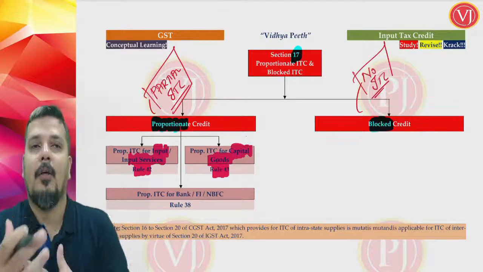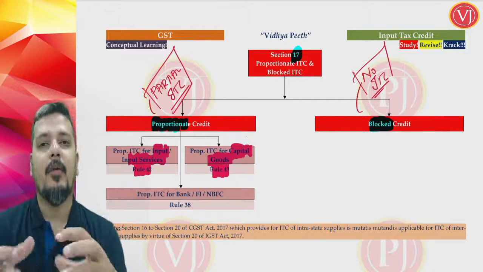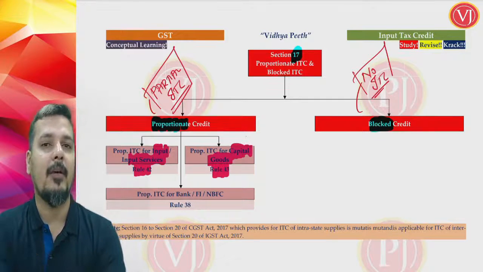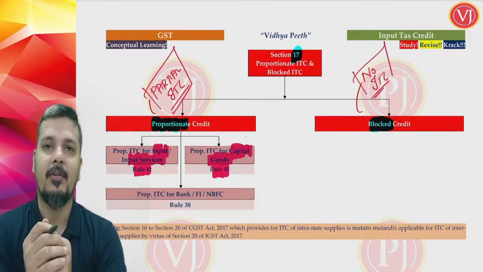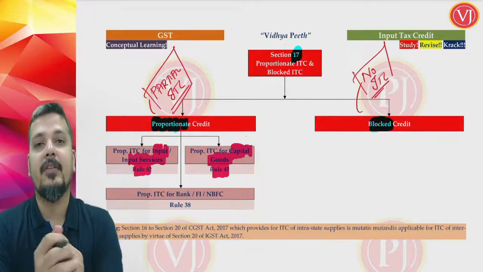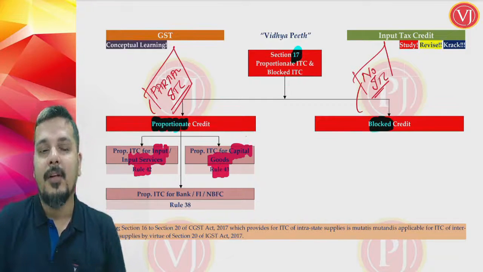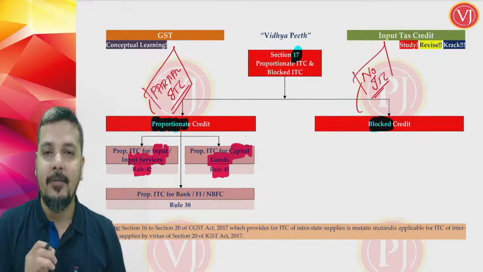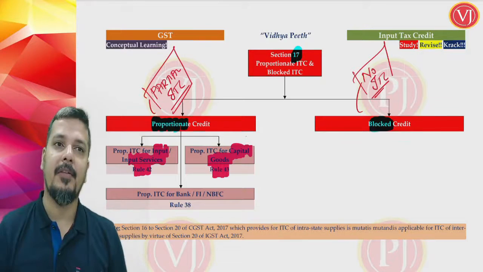I'm using the term common. Don't worry, when we see 42, 43, you will get to know what these common input services and common capital goods are. So if you're working out your proportionate ITC for common inputs and common input services, it is your rule 42. If you're working out your proportionate ITC for your common capital goods, it is rule 43.